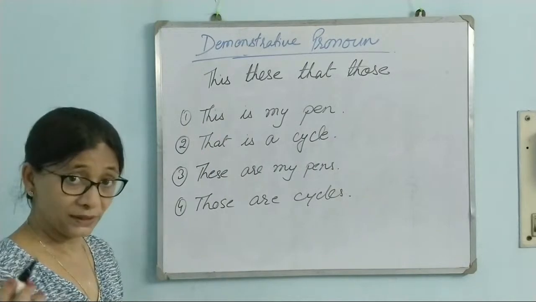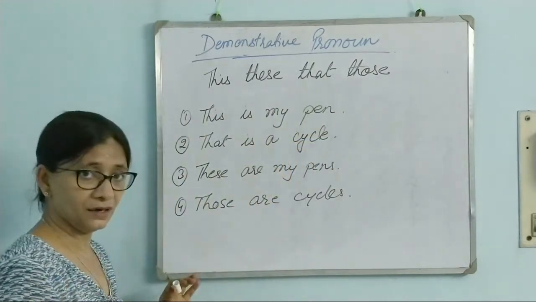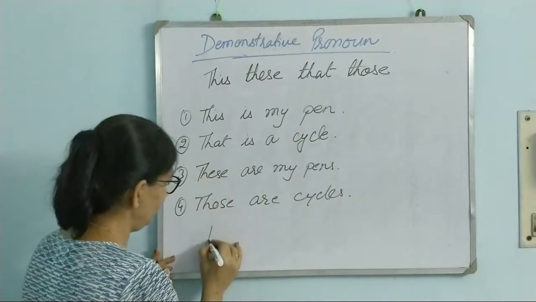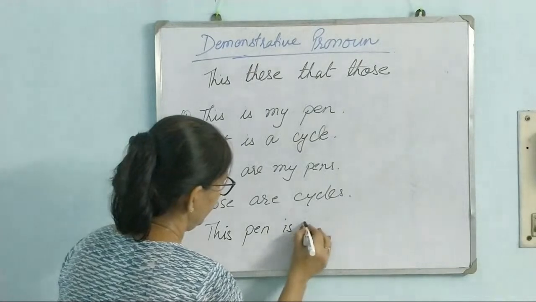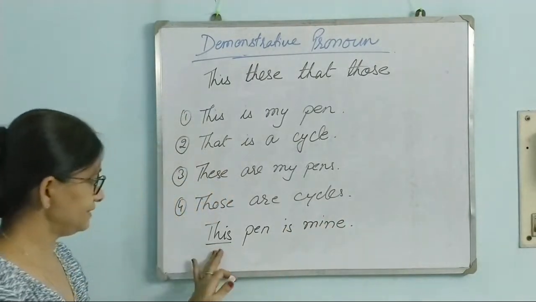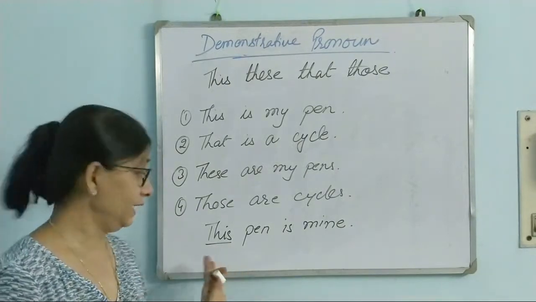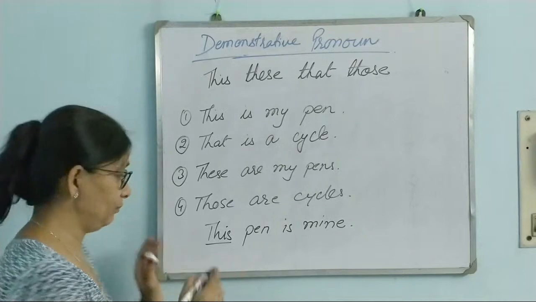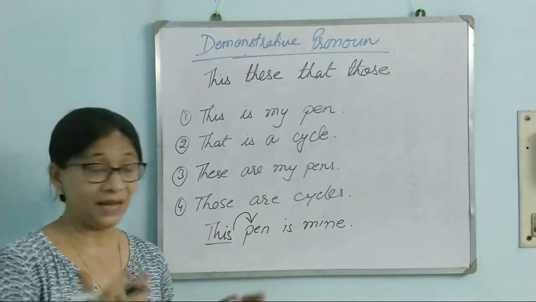And here one thing is important to know. Like, this is my pen. Here this is a pronoun. But if we write this pen is mine, here will this be a pronoun? No, here it won't be a pronoun. It will be an adjective, because in this pen, this is describing the pen.